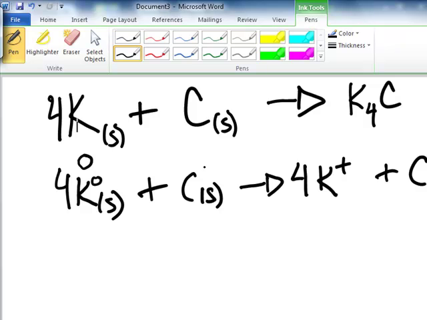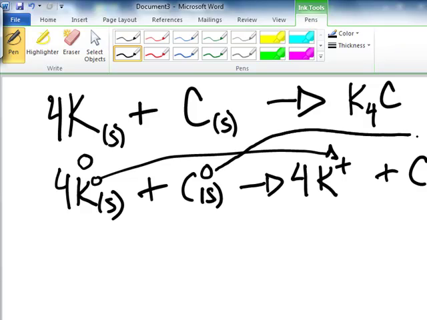If nothing's written there for carbon, its charge is a... Okay, so potassium's charge is going from a 0 to a +1. Carbon's charge is going from a 0 to a... Which one of those is going down in value? Carbon's going from a 0 to a -4. So the particle that's reduced is carbon.